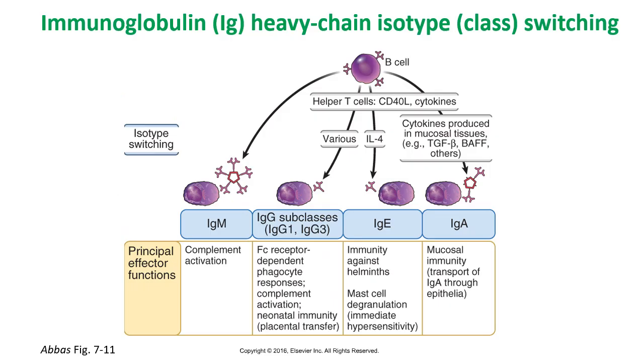Okay. All right. So what are the different classes of antibodies that you can produce? You start with M. That's your first one. And based on CD40 activation and also cytokines, you can produce IgGs or IgEs or IgAs. Is there one type of antibody missing here? Which one? IgD is not there. Why?